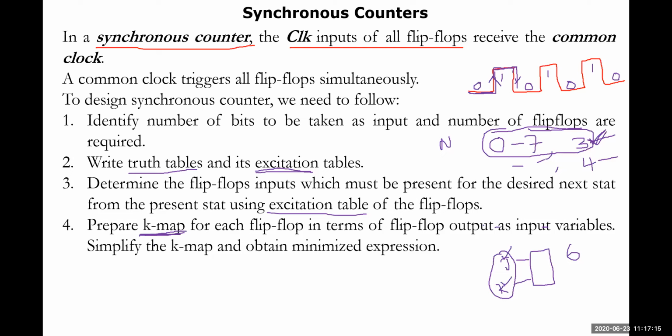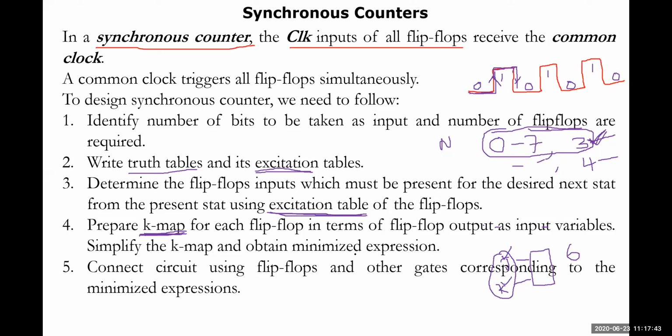Why do we have to draw these K-maps? To minimize the expressions which have been drawn from the excitation table. From the excitation table, the inputs we have identified are totally minimized to one particular expression for K0 and J0. Something like that, we have to draw the K-map for each and every input of the flip-flops.